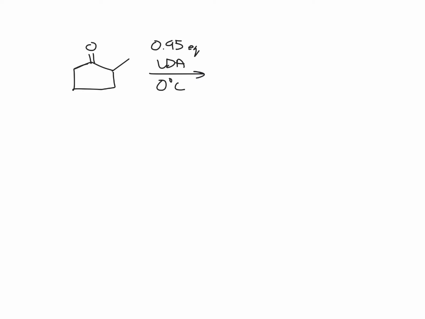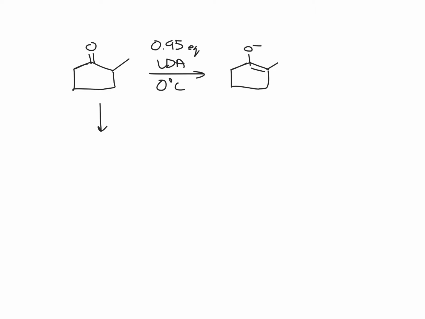We're going to use a little bit less than there is of that starting ketone. And what this is going to do is it's going to favor the generation of this enolate. Now, why is that? Let's think about it. Well, if we're reacting with 0.95 equivalents of LDA, what's going to happen is that the starting material is going to be converted to what?